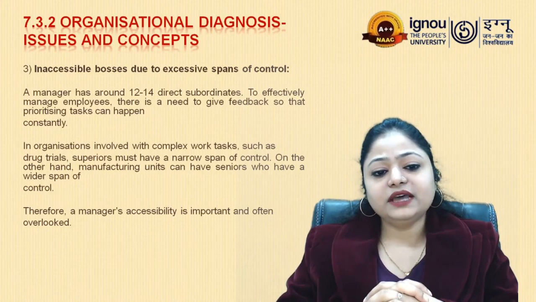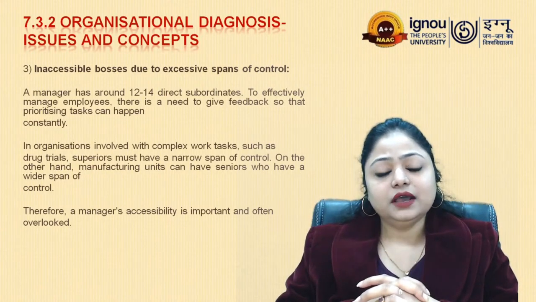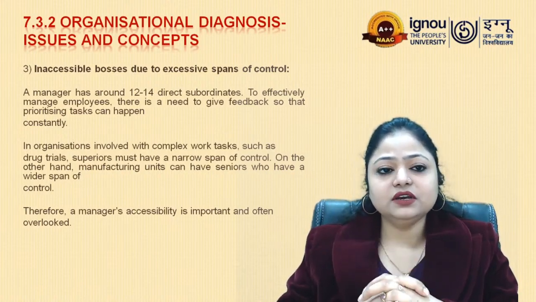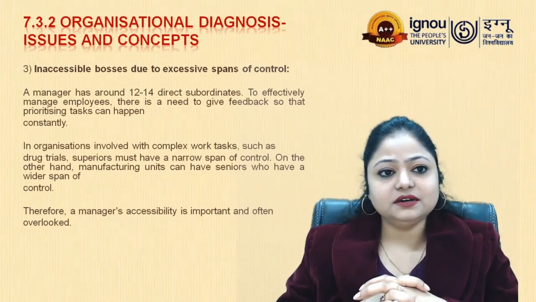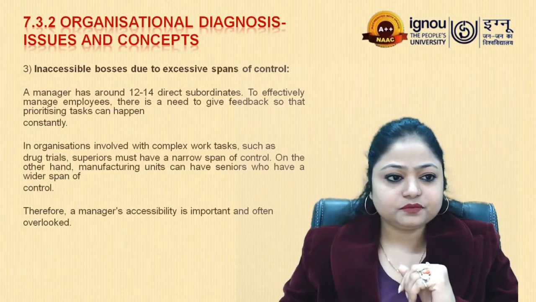So therefore, managers' accessibility is an important factor, and it is often overlooked when it comes to designing an organization. When it comes to organizational diagnosis, this issue has been a prominent one.